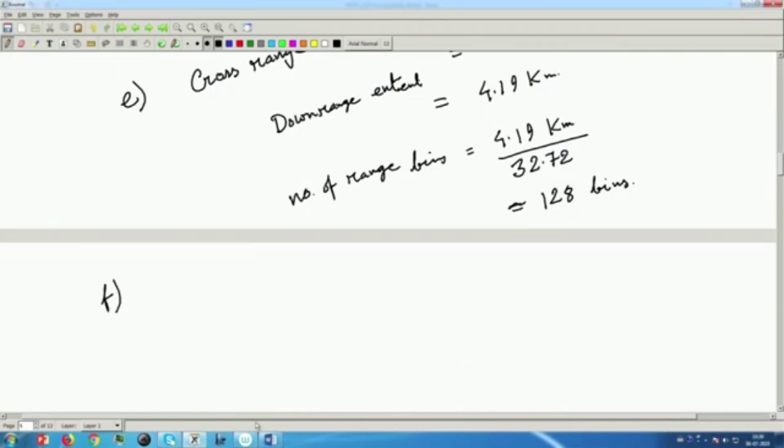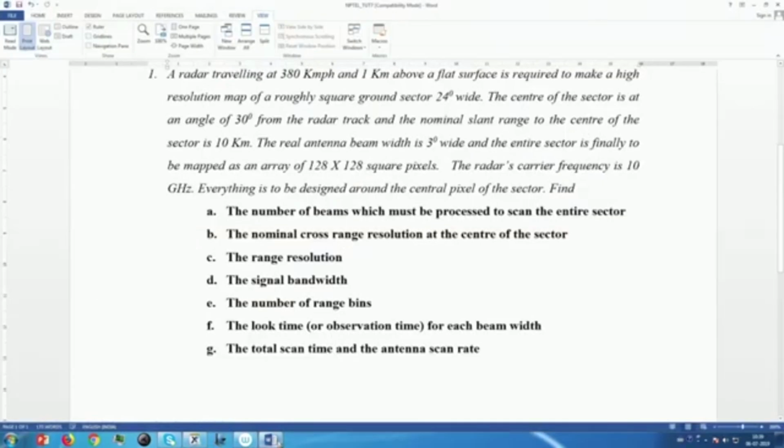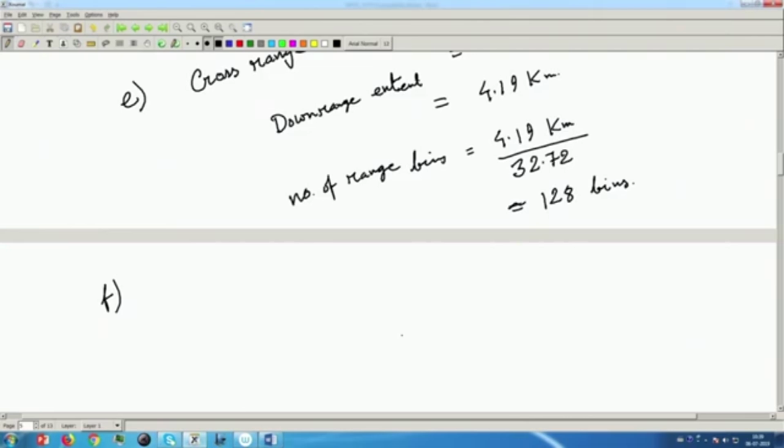What is F? The look time for each beam width. So, how much time it stays at each beam. That is called the look time for the beam width.